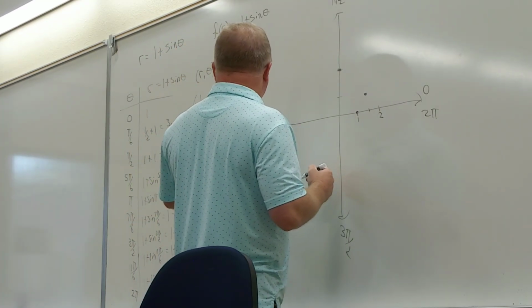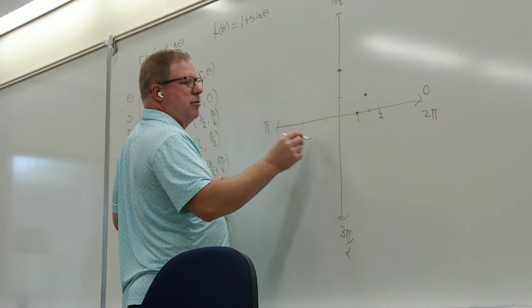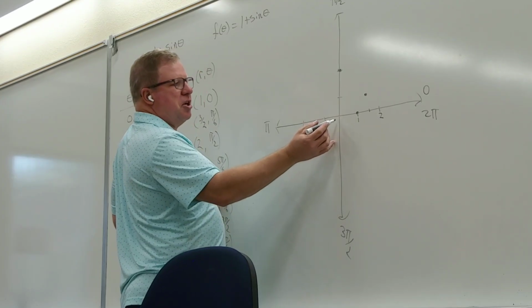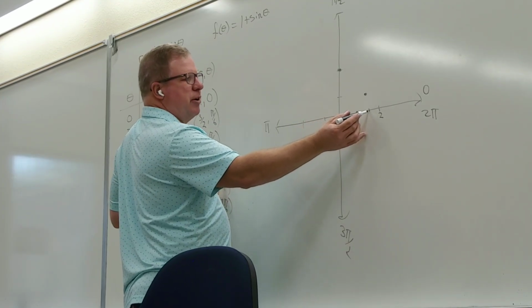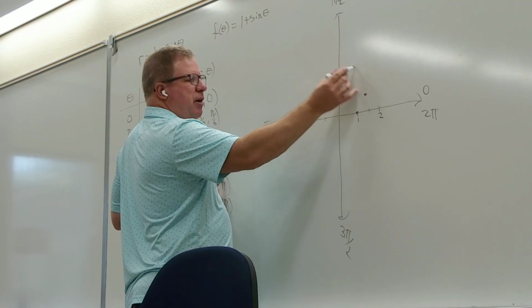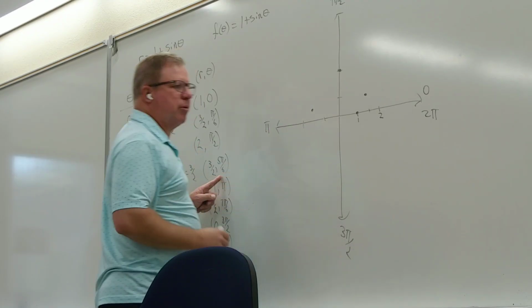3/2, 5 pi over 6. So 3/2, again, is halfway between 1 and 2. 5 pi over 6 is way over here. It's like 150 degrees.